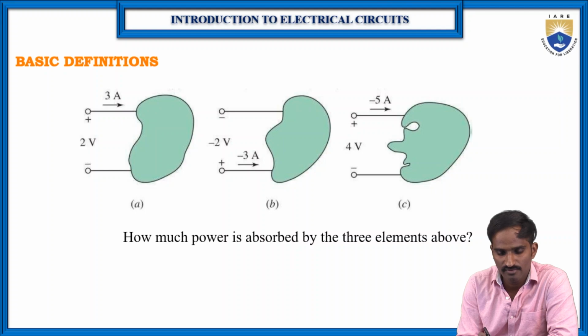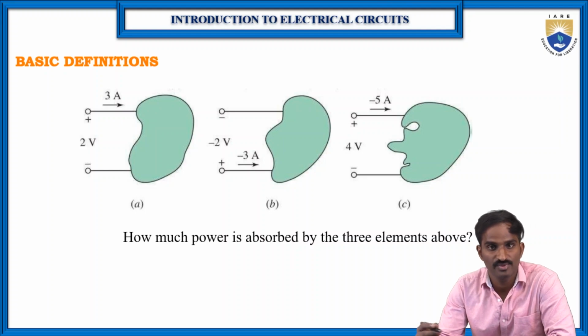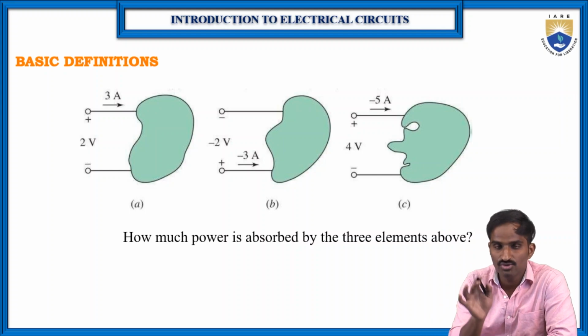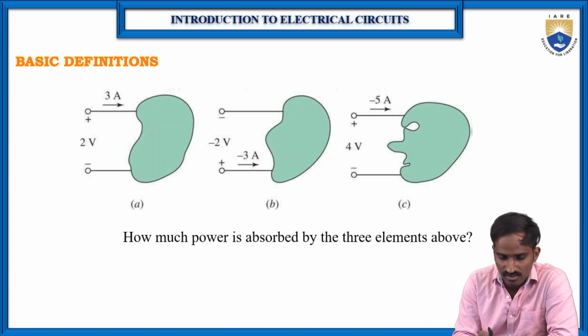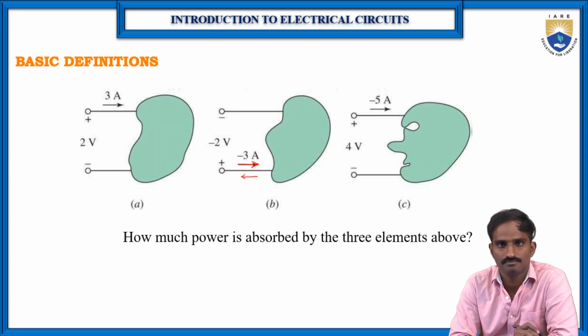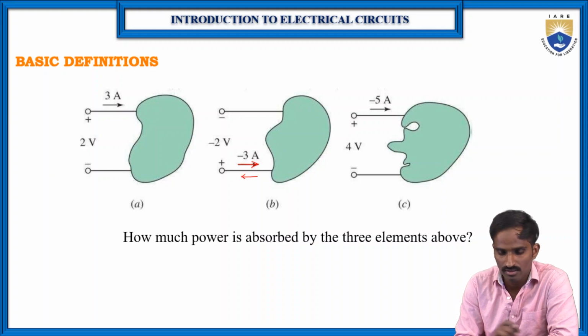You may doubt that the current also has polarity, such as -3. A negative polarity for current means the actual current flow is opposite to the direction that is represented. So minus 3 means the actual current flow is in the opposite direction.